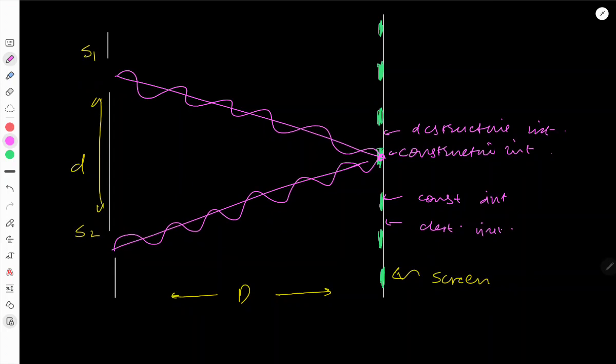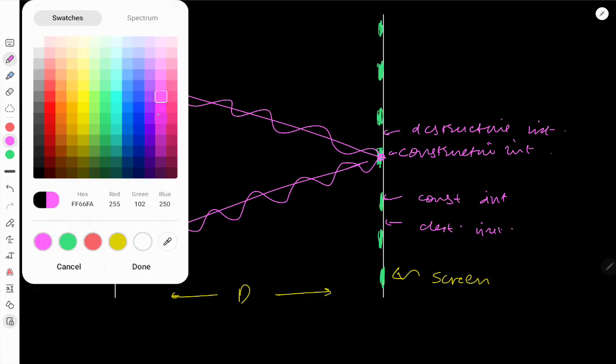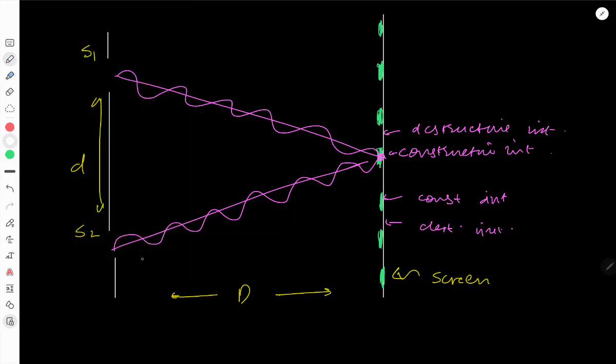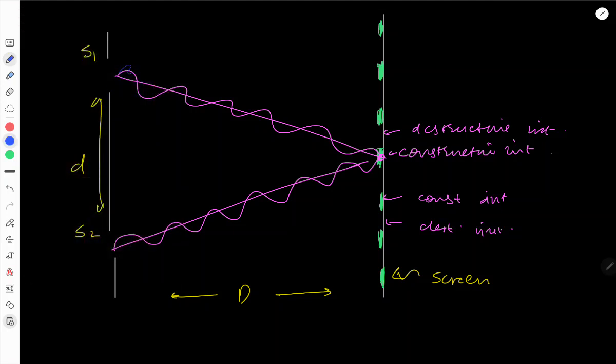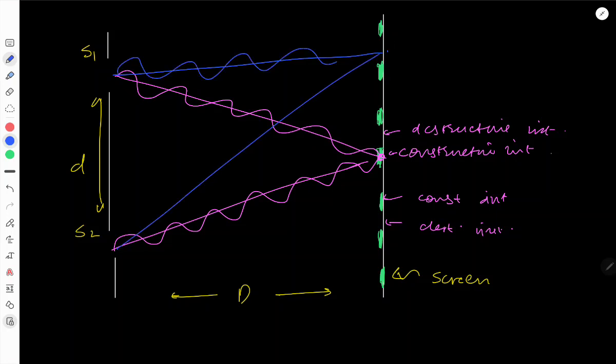And now, I'm taking another color just to represent the change, but we haven't changed the waves. At this point, I'm taking this point. Over here, this wave came in, and this wave came in, and it had a destructive interference over there.